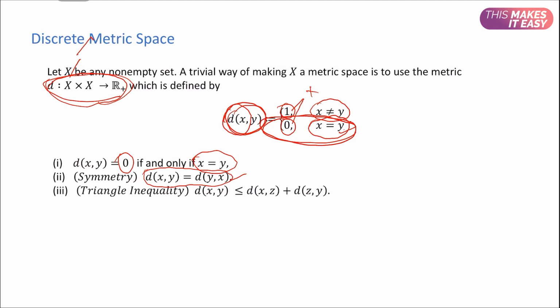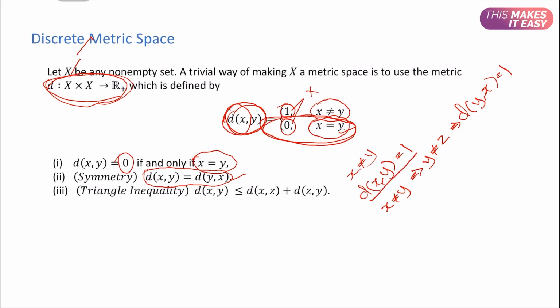For example, if x is not equal to y, then d(x,y) is equal to 1. If x is not equal to y, then y is also not equal to x. It means d(y,x) is 1. So d(x,y) is equal to 1, and d(y,x) is also equal to 1. So there is a symmetry.